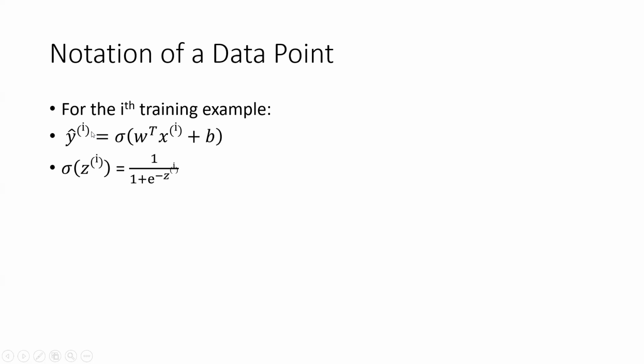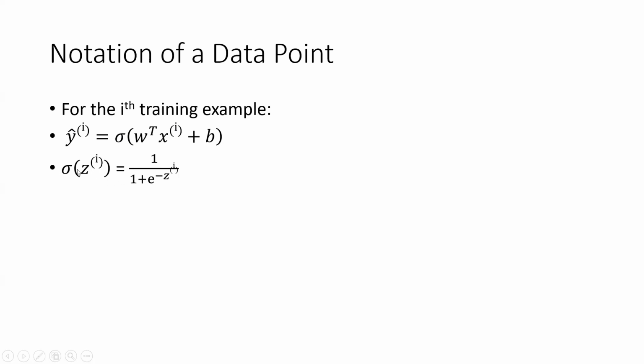Y hat (i), that means for the ith training example, the predicted value of y should be equal to sigma of w transpose x(i), that means the ith example's x value, plus b, right? w transpose and b are parameters, right? Sigma is this logistic function, right?